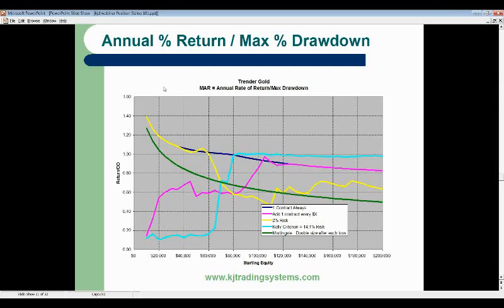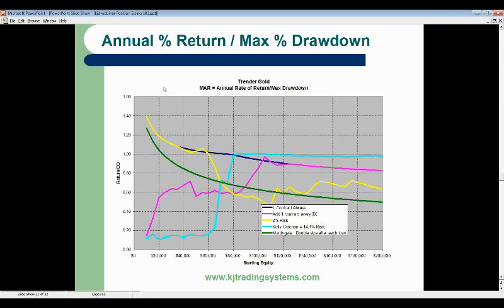And a MAR ratio of 1 is considered by most commodity trading advisors to be a pretty good ratio over a long enough period of time. So let's say over 3 or 5 years, if you have a 10% drawdown, if you have a 10% annual return, that's a pretty good ratio.